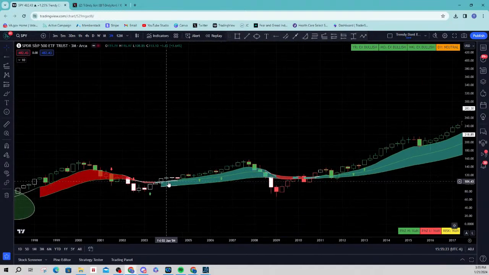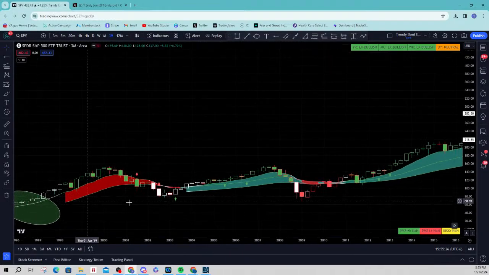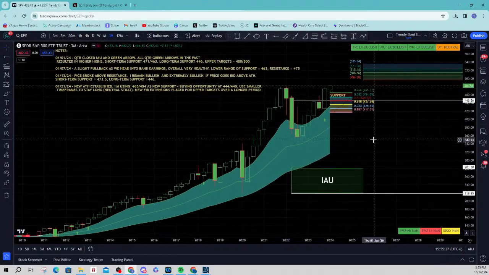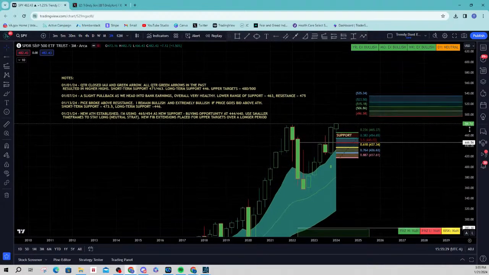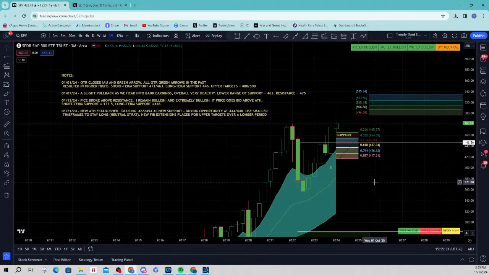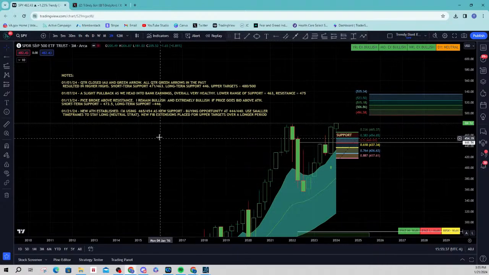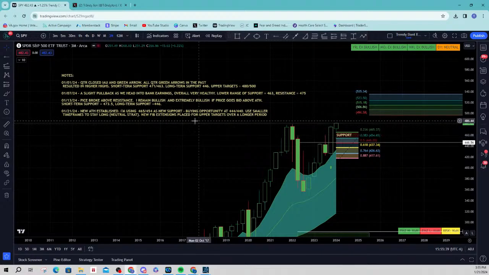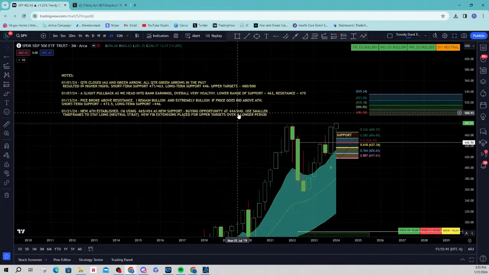And if we go back, you'll see how many years it worked above the cloud as well. So it's safe to say that historically the cloud is a lot of support. And I love that it is confluent with the 618 right now, because the 618 is the golden Fibonacci. So good buying opportunity, in my opinion.